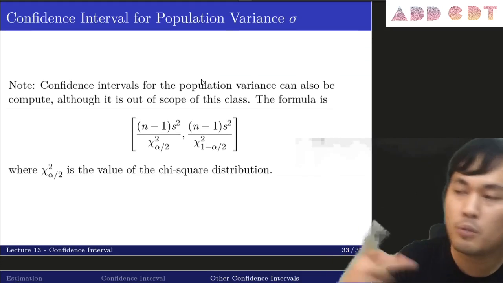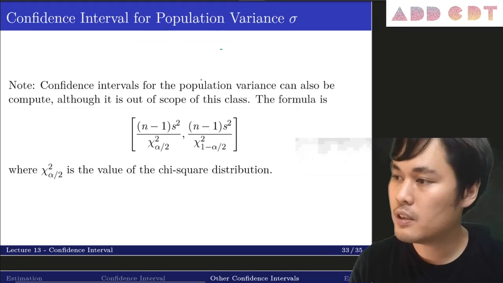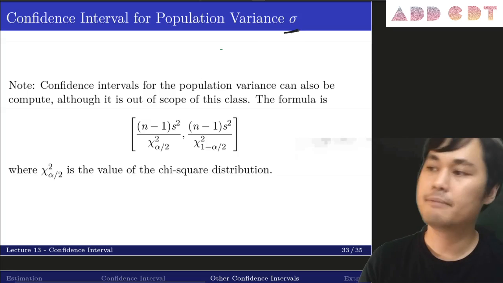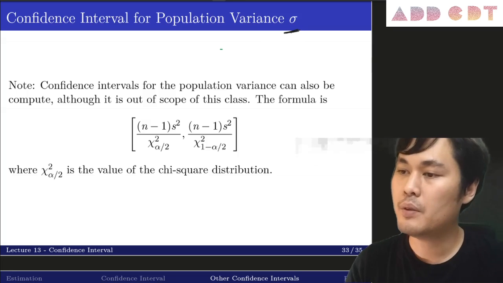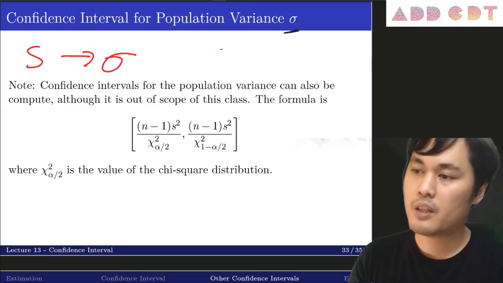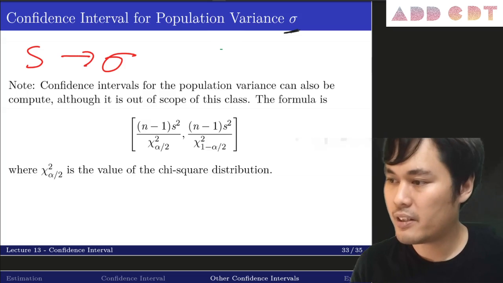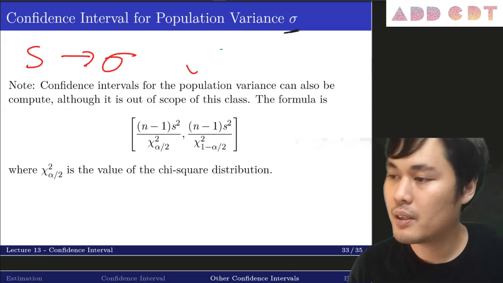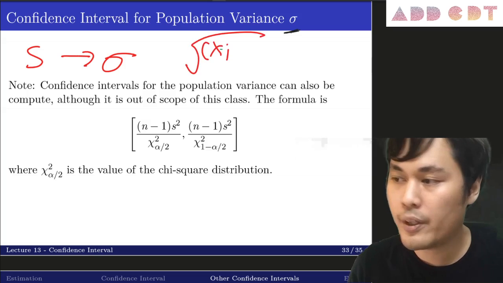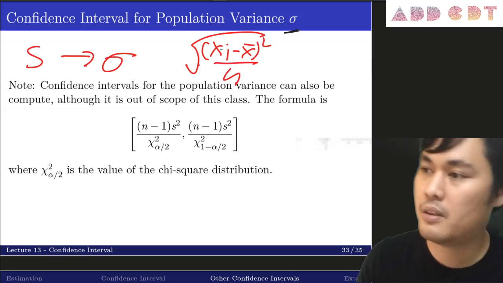We have two more confidence intervals. Now we have the interval for the variance sigma. We have S. We can compute the sample variance, and we want to use that to estimate sigma. But the problem is that sigma is harder to estimate because, if you remember, it involves a square root. It also involves means. You have to know the mean before you can compute sigma.